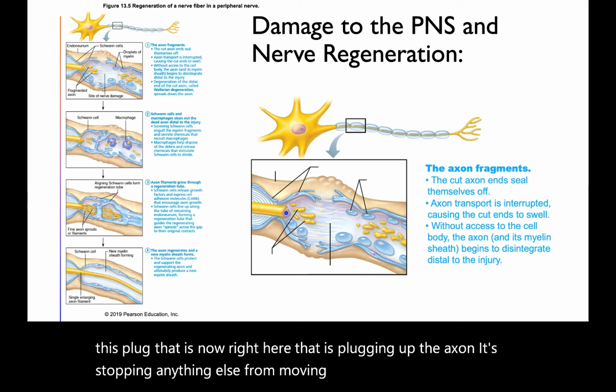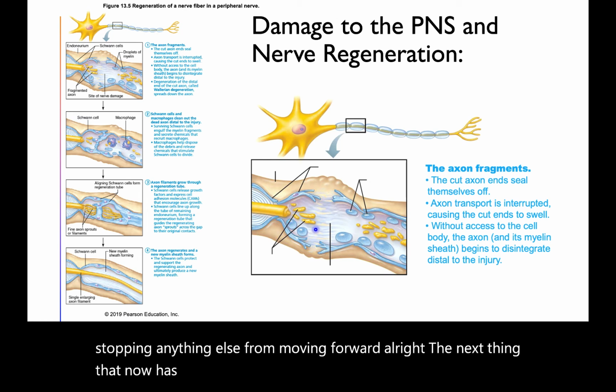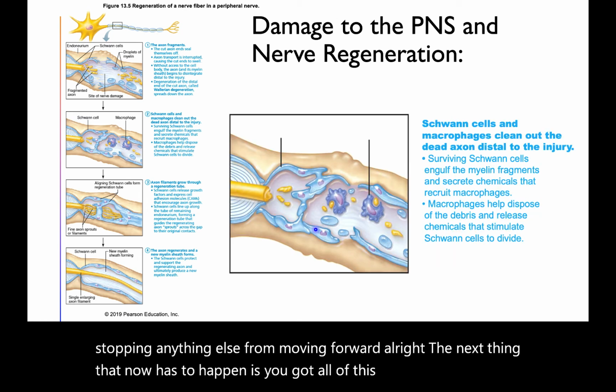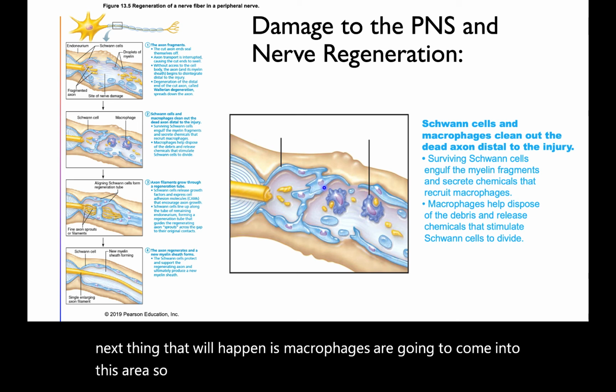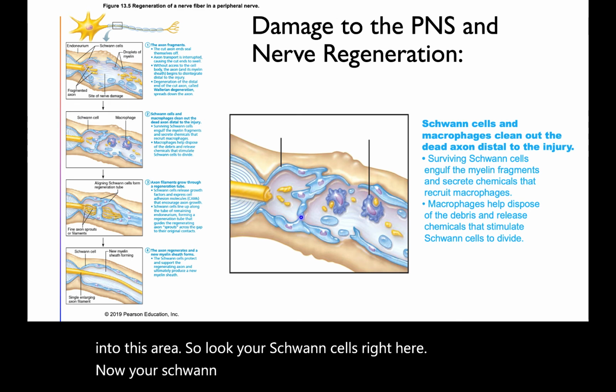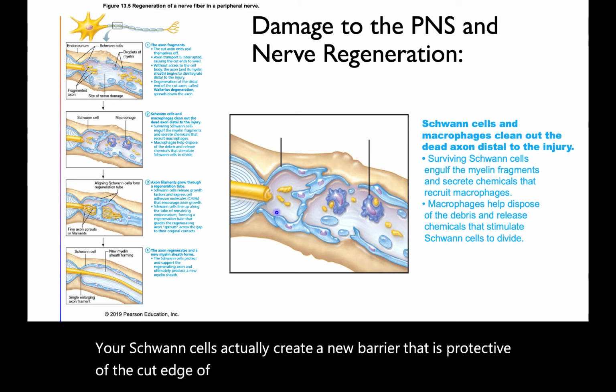All right. The next thing that now has to happen is you've got all of this damage, and so the next thing that will happen is macrophages are going to come into this area. All right. So look, your Schwann cells right here actually create a new barrier that is protective of the cut edge of the axon.